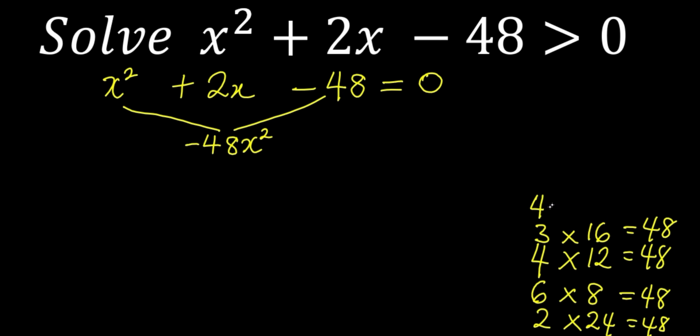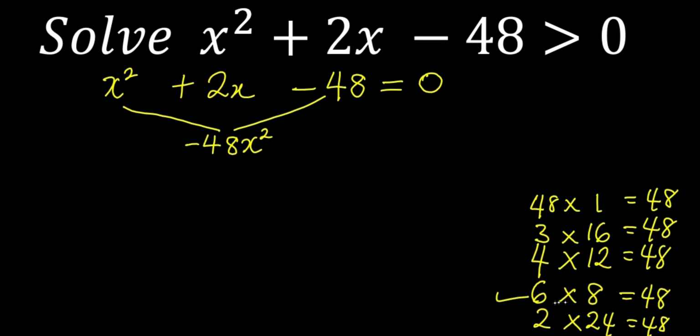We can also take 48 itself times 1, which also gives us 48. These are all the possibilities that give us 48, but we need the one that will give us plus 2, the one in the middle of our equation.